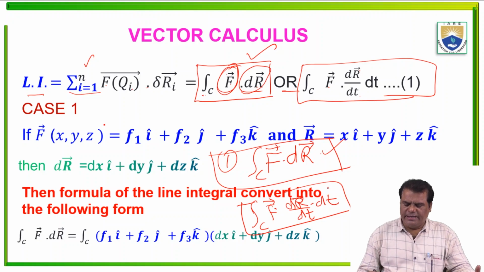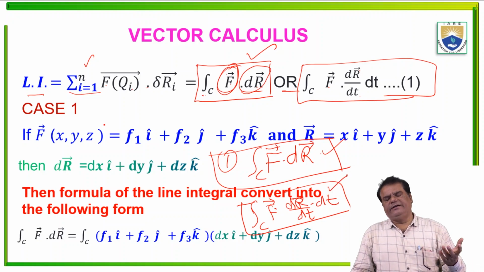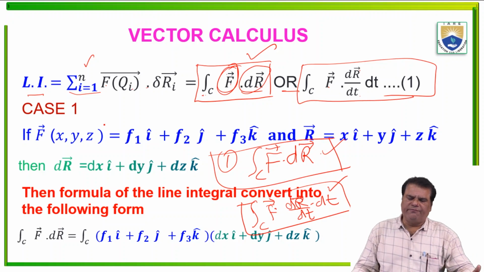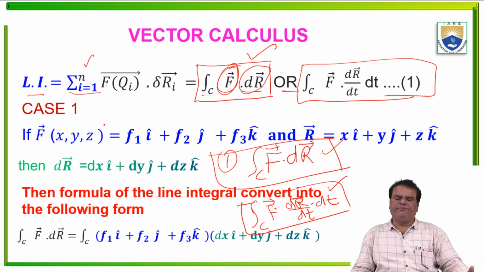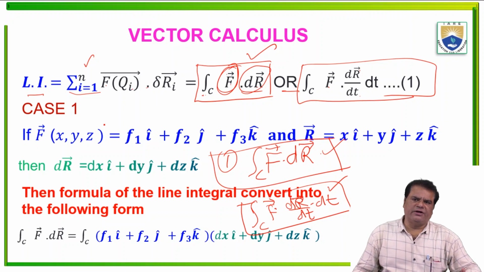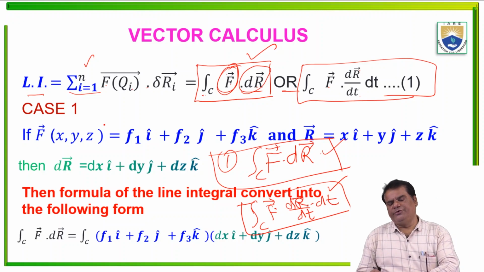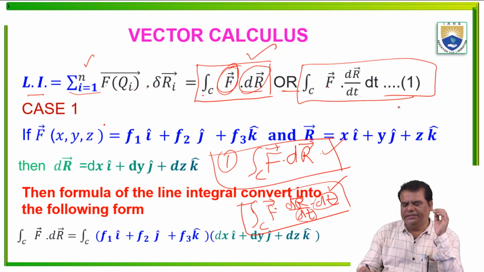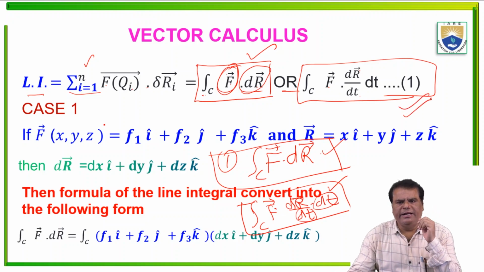The second formula is used if x, y, z are in parametric form, where x is some function of t, y is some function of t, and z is some function of t. Then dr is differentiated with respect to t, so we divide by dt and multiply by dt. Now, after proving this formula, we apply two cases here.